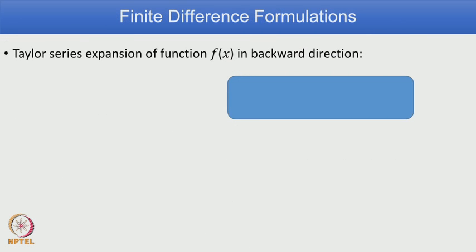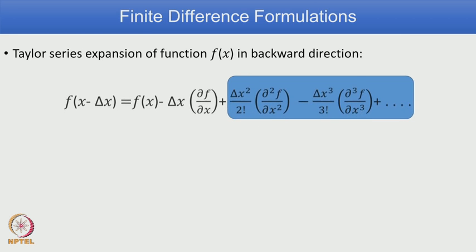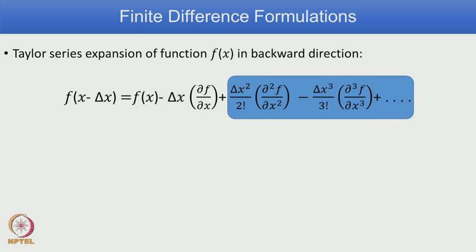So, as we did for forward differential scheme, we write down Taylor series expansion for the function f of x in backward direction as f of x minus delta x equal to f of x minus delta x into dou f by dou x plus all other higher order terms.